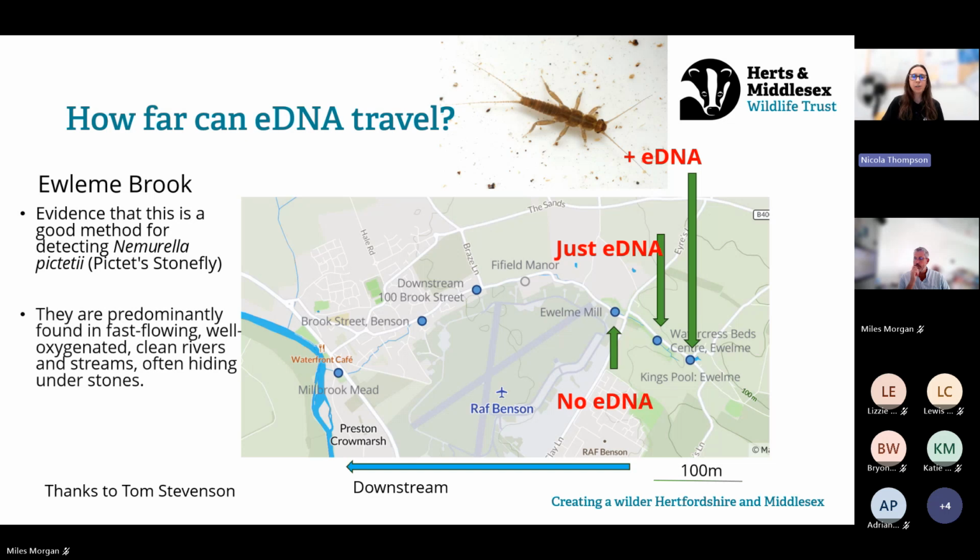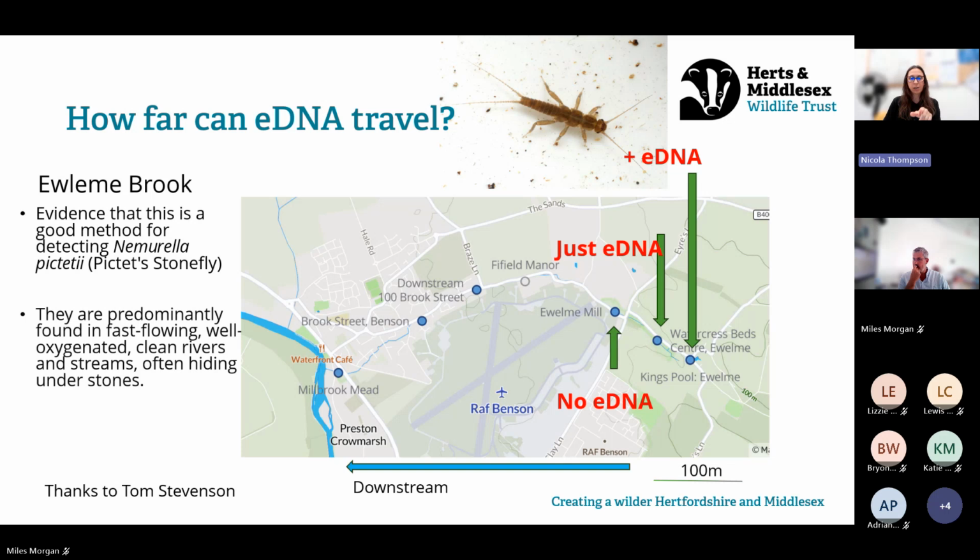So how are we using the information and what is it telling us? On the Elwenbrook, I've been informed that the picket stonefly has only been found at the topmost site, and those dots are riverfly sites that we've sampled.